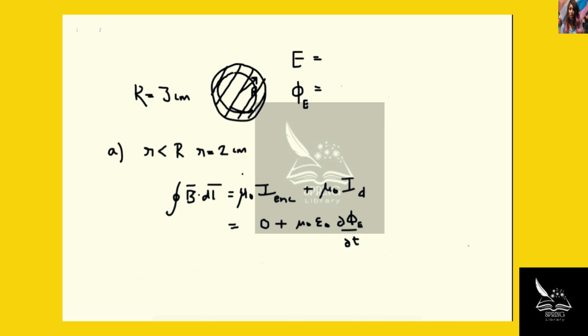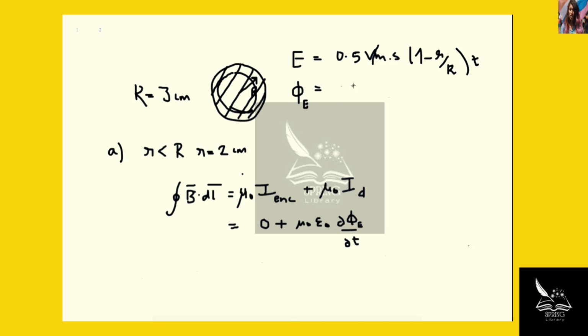The varying electric field in this case goes by 0.5 volt per meter second. Small r is the radial distance, capital R is the overall full radius of this, and t is the time.